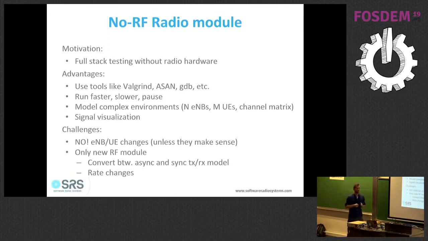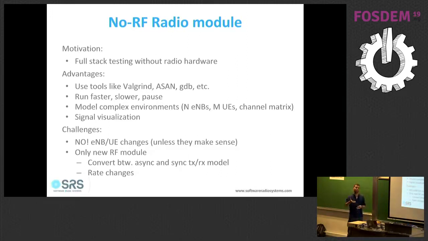The problem here is that the way we typically use the RF hardware and the way we interface with the radio through UHD is a little bit weird, because we're not always transmitting, we're not always receiving. For instance, in the UE, subframes are basically the time unit in LTE, so we're not always receiving one subframe and transmitting one.